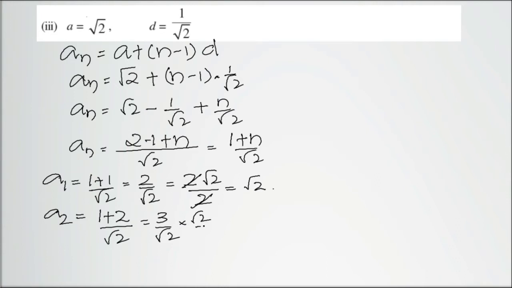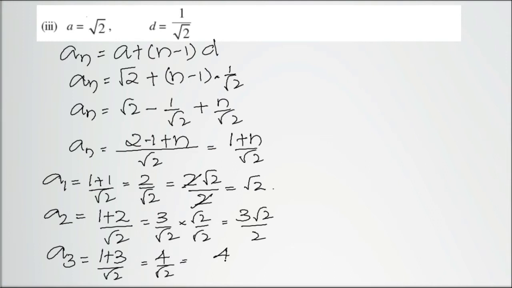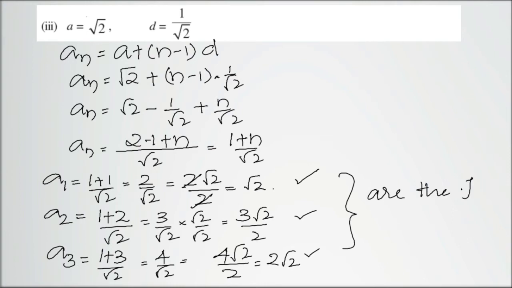Again, by rationalizing the denominator, I'll be getting 3 root 2 by 2. And the third term will be 1 plus 3 upon root 2, which is 4 by root 2, which will be 4 root 2 upon 2, nothing but 2 root 2. So root 2, 3 root 2 by 2, 2 root 2, these are the first 3 terms of arithmetic progression.